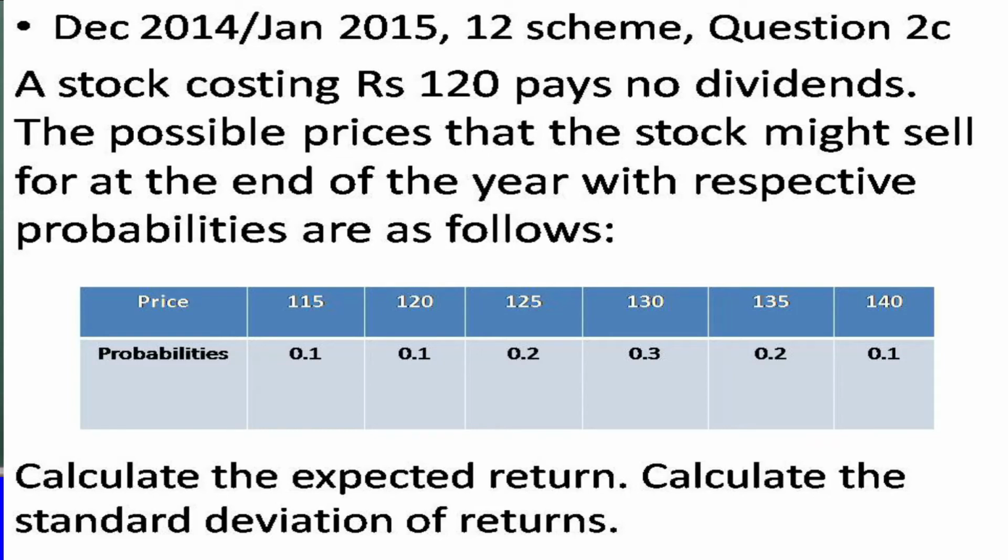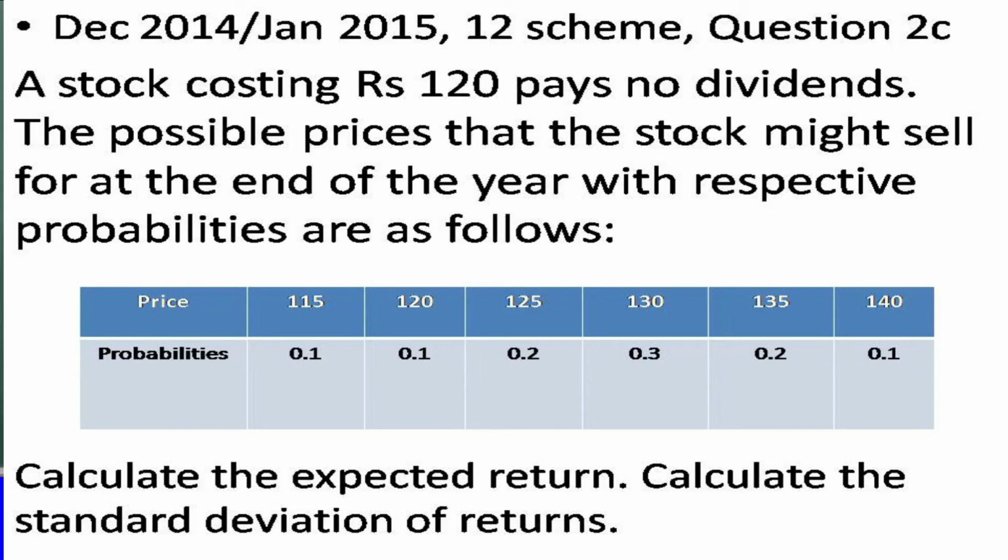So we'll write the problem. First, the price they have given is 115, then 120, 125, 130, 135 and 140. So this is the price.